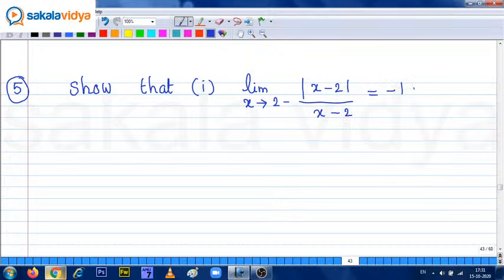This is a very important problem. In the first problem, we should not consider LHL, since x less than 1 is not in the domain, only x greater than 1. That's why LHL is not considered in this case. Directly the limit is equal to RHL only.